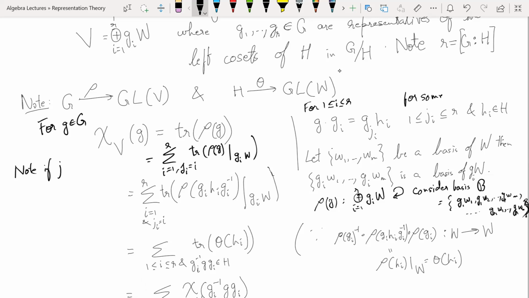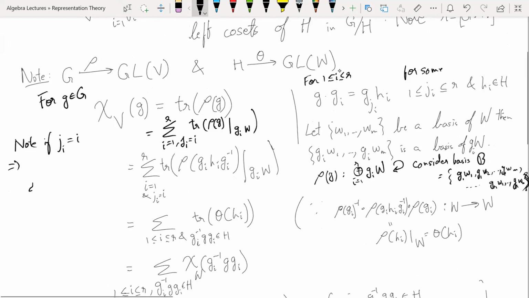So if you use this identity, then g is the same as g_i h_i g_i inverse. And of course, if you act on g_iW, g_i inverse takes it to W, h_i preserves W, and then g_i will send it back to g_iW. So this rho(g) restricted to g_iW makes sense.